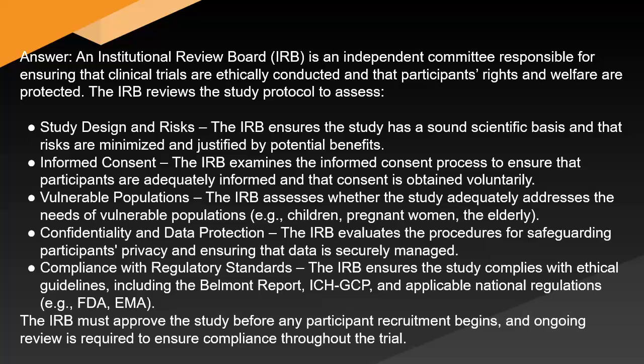Informed consent: the IRB examines the informed consent process to ensure that participants are adequately informed and that consent is obtained voluntarily. Vulnerable populations: the IRB assesses whether the study adequately addresses the needs of vulnerable populations, e.g., children, pregnant women, the elderly.